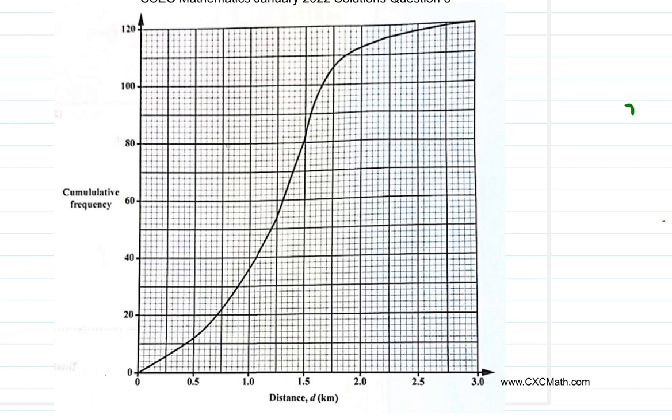Now, let us see what's happening here. Remember, the probability is really the number of the items that you're looking for or you're interested in, the number that you want divided by the number available.